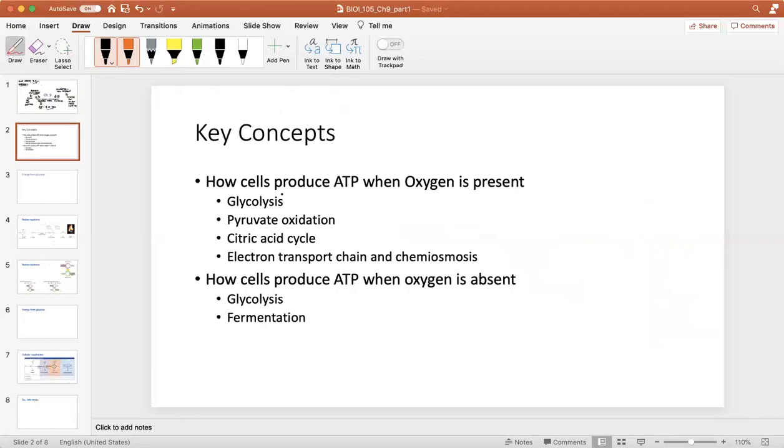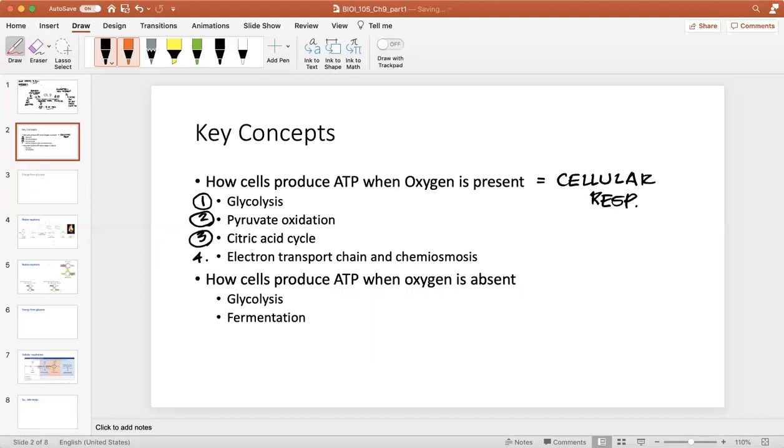So let's think about what this chapter is going to cover. The key concepts in this chapter: first, how cells produce ATP when oxygen is present. That is the process of cellular respiration. Cellular respiration occurs in 4 steps, and we're going to break these down one by one so that you don't become confused.